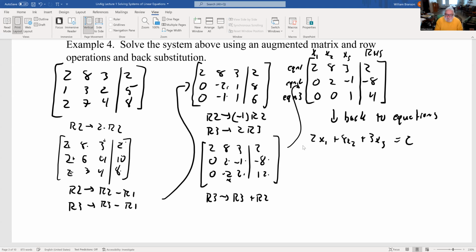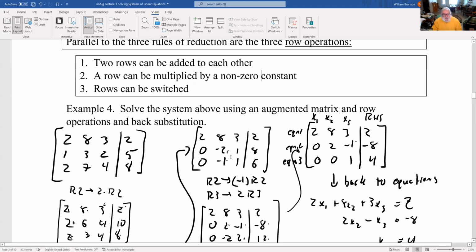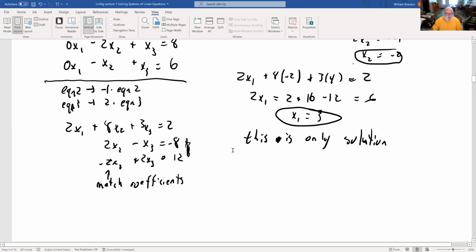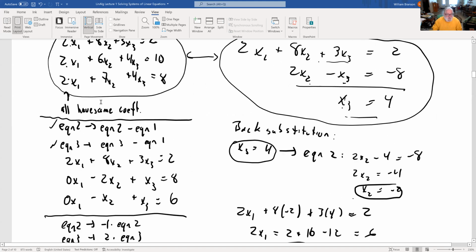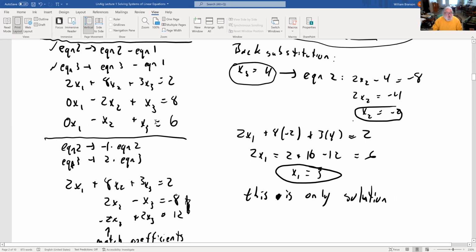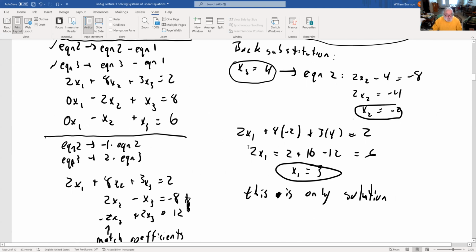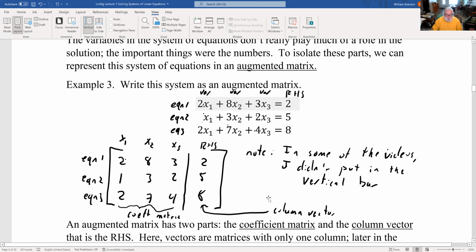Equation 2 is 2 times x2 minus x3 equals minus 8. And finally, the last equation is 0 times x1 plus 0 times x2 plus 1 times x3 equals 4. In fact, this is exactly the same thing we did up here, except instead of carrying the variables all the way through, we just dealt with the numbers. And this is actually a useful way to deal with these things.